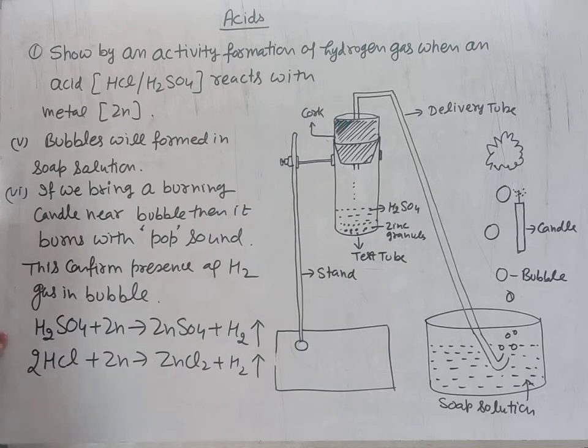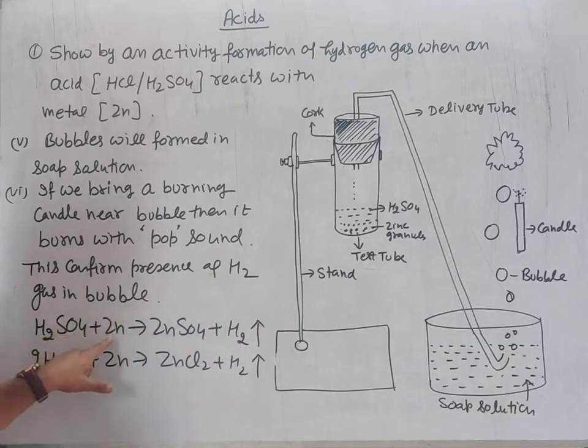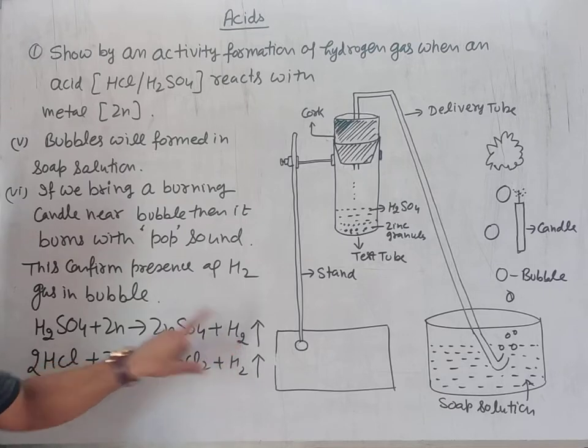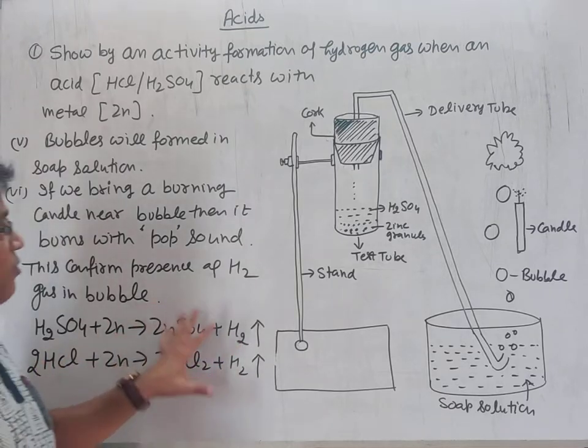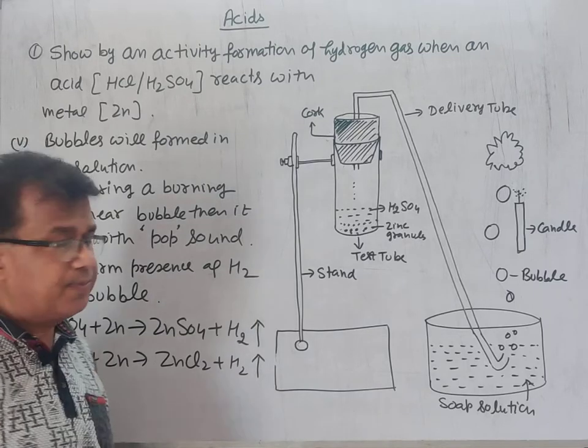So these are the equations. Thus in this activity we have seen that when acid reacts with metal, then salt and hydrogen are formed. As H2SO4 reacts with zinc, zinc sulfate and hydrogen are formed. So this was the total about this activity. Now we shall do another question.